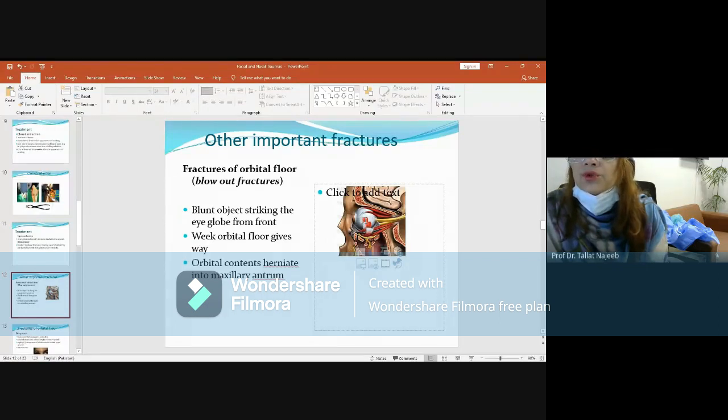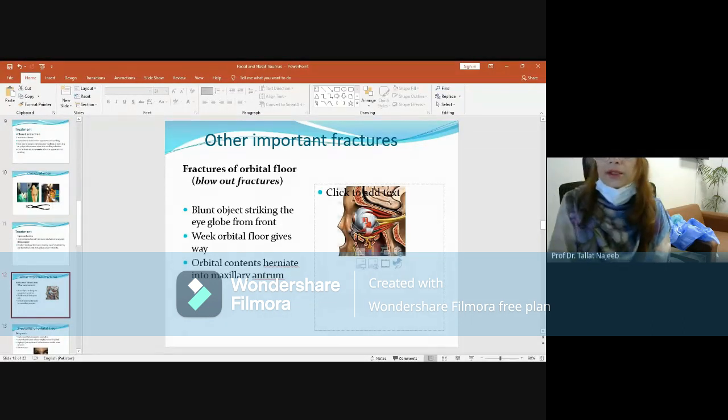Whenever there is raised pressure inside some closed cavity, the weakest part gets fractured. So in this case, the weakest part is the floor of the orbit.